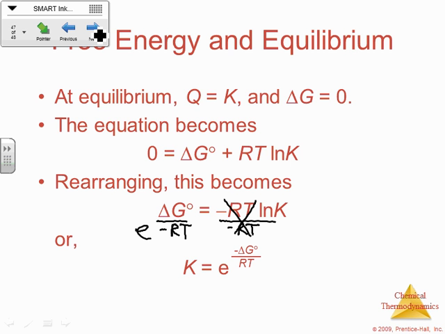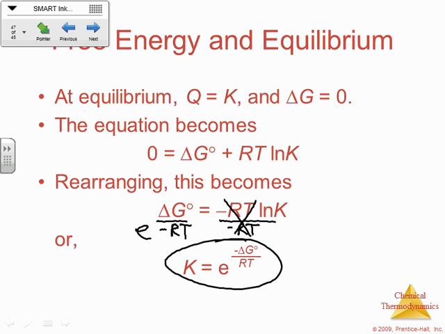Okay, and this is the equation that's on your equation sheet, I believe. It might be the delta G equals negative RT ln K. I know on the old equation sheet they had both. It's in the thermodynamics section, delta G is delta H minus T delta S. It might be in the equilibrium section.